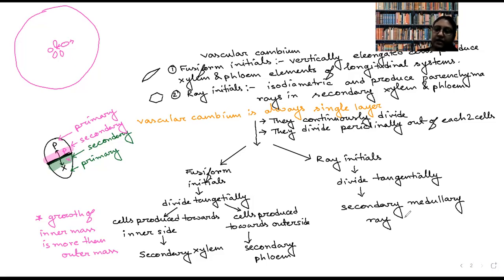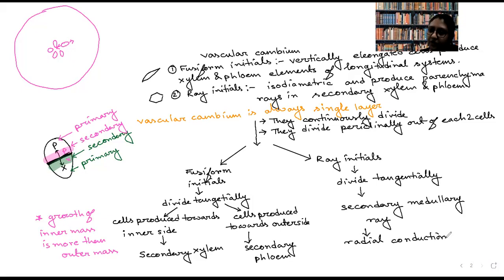Why? It helps in radial conduction. Radial conduction means it will conduct like a ray. Even if xylem and phloem are at the center, the girth of the stem is increasing, so things need to go towards the radius also, right?